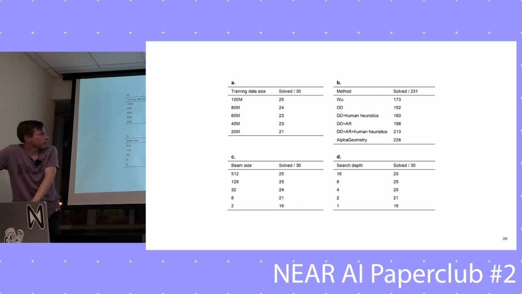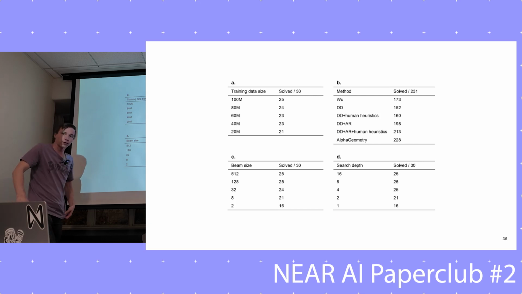So one other important observation is that AlphaGeometry is open source, meaning that the whole code base is open. So you can see all the rules for the deductive database that they use. They have some modifications to the deductive database relative to the original one. You can see all the constructions, the beam search implementation, everything is open.